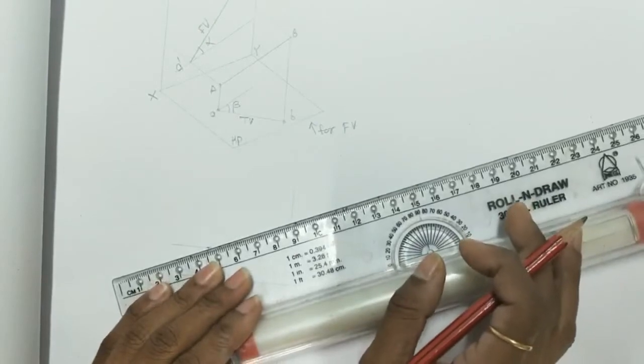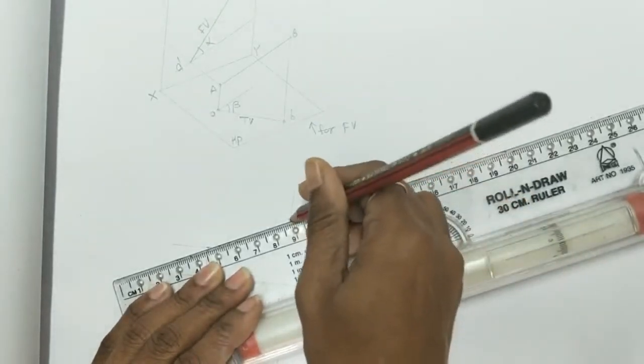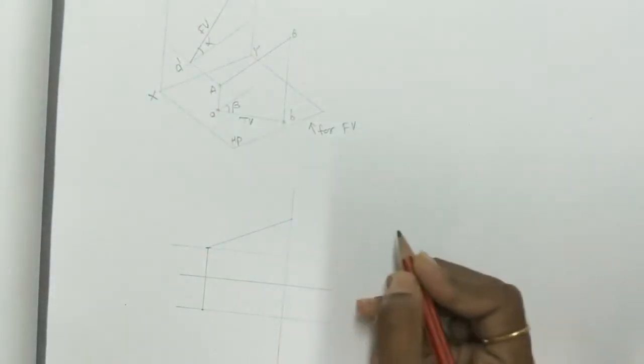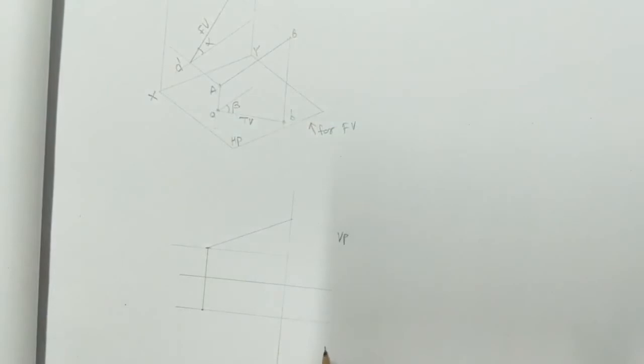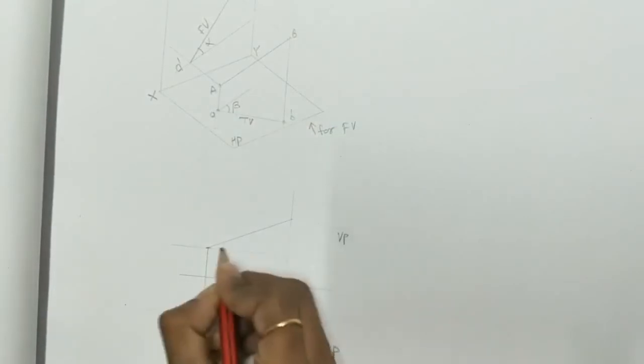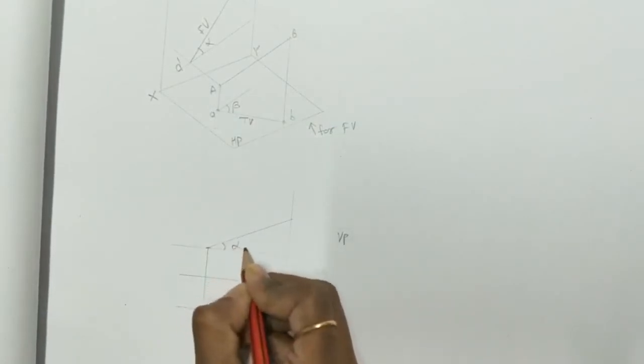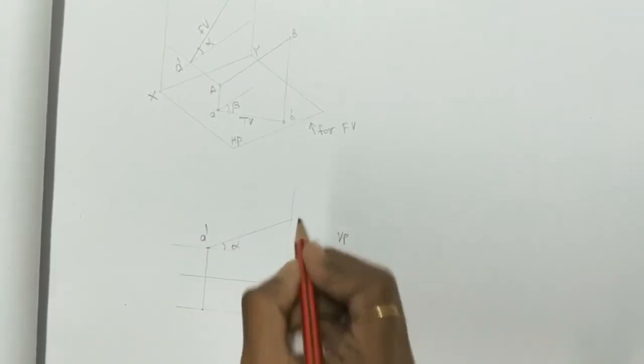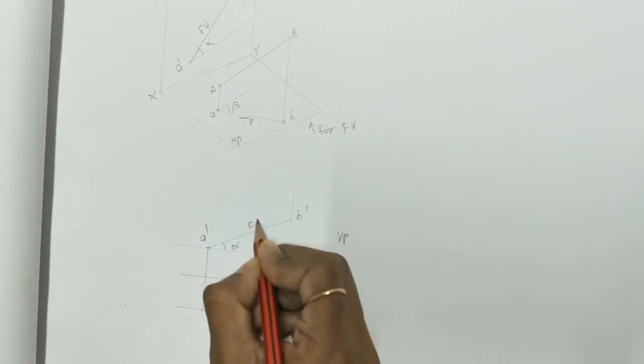Now I will draw the line inclined to VP. This shows VP and this shows HP and this shows angle alpha, and this line A dash B dash shows the front view.